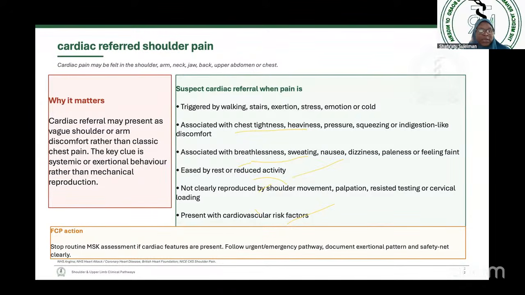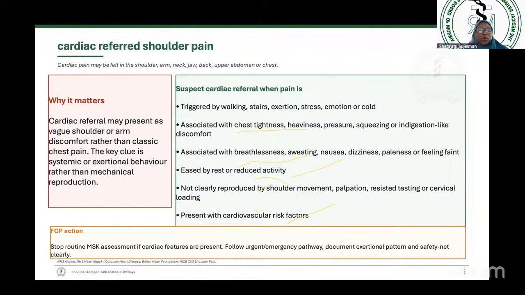Otherwise, nothing will make it come down. It is not clearly reproduced by shoulder movement, palpation, resisted testing, or cervical loading, and there are cardiovascular risk factors. Of course, we need to check if we've got a patient with shoulder pain that is not triggered by any of the shoulder assessment.